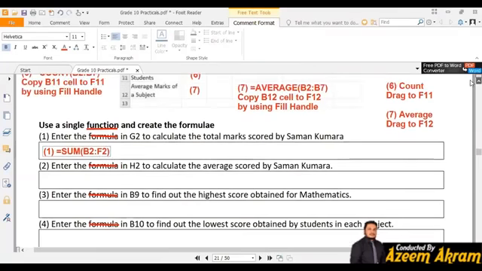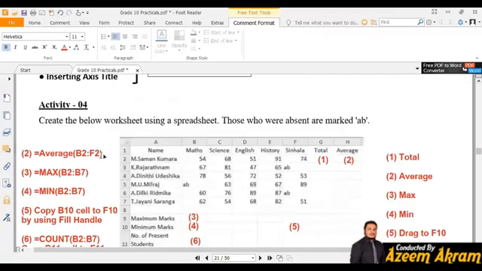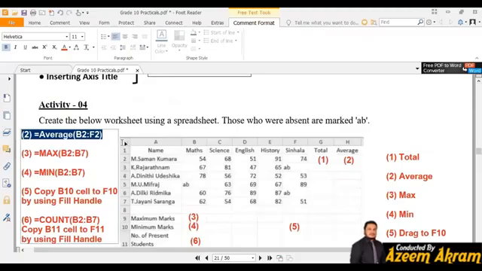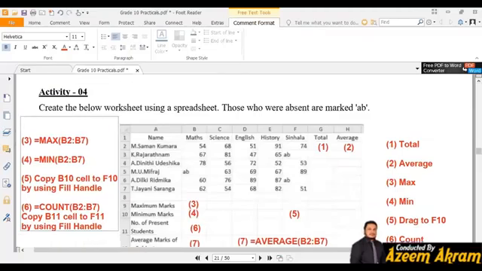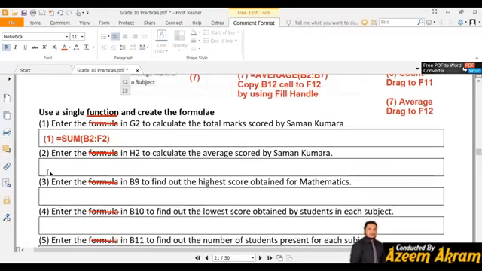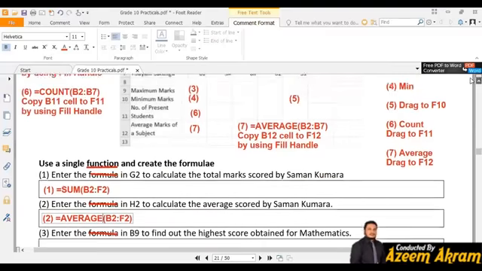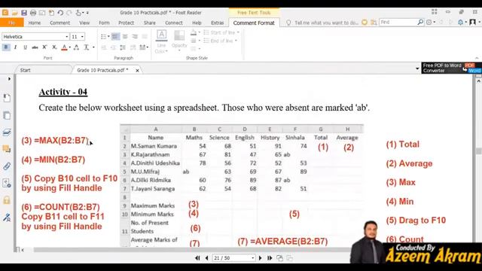The second one: enter the average in H2 to calculate the average scored by Saman Kumar, the same person. We are finding the average, so that is also done. Then the third one.